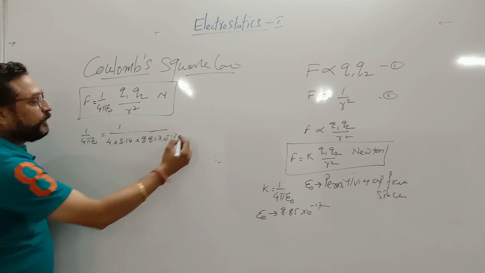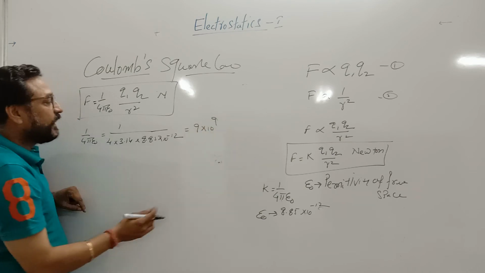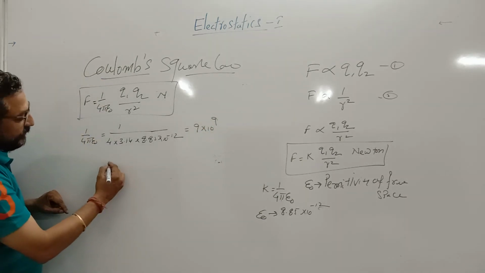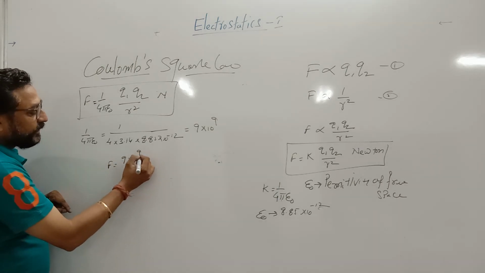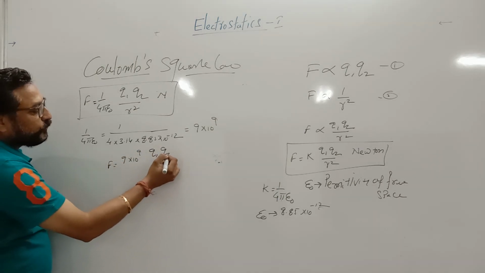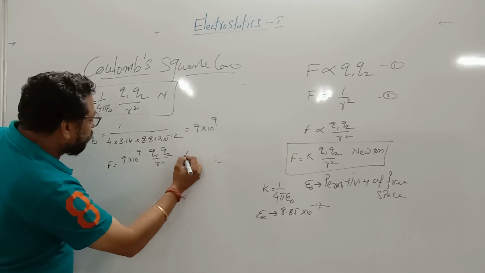The numeric value taken out is 9 into 10 to the power 9, and the final answer is F is equal to 9 into 10 to the power 9 Q1 Q2 upon R square, and the unit is Newton.